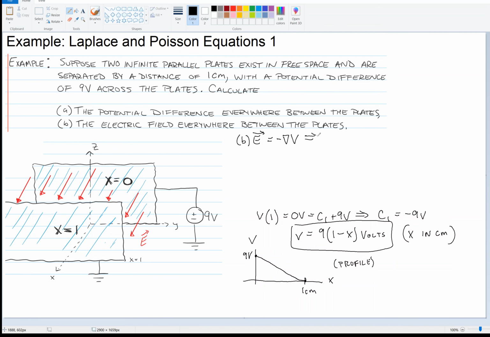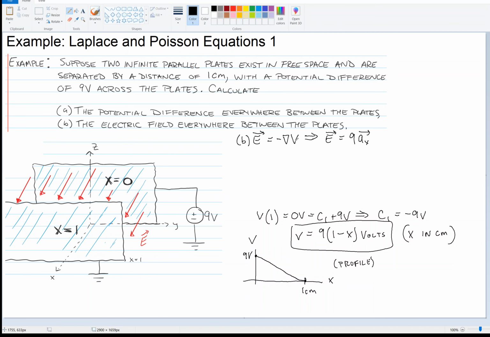So this means that E is equal to, so I take the gradient here, but since I have one variable, x, all the gradient is the derivative with respect to x. So the derivative of V with respect to x is just -9, and so I have a negative here, and so this just makes 9. And since I took the derivative in the x direction, this is 9 a_x.